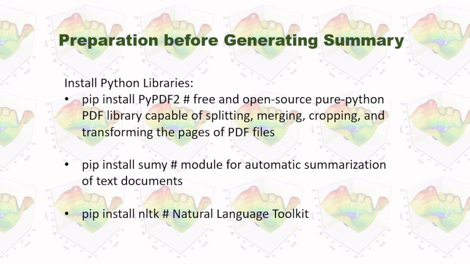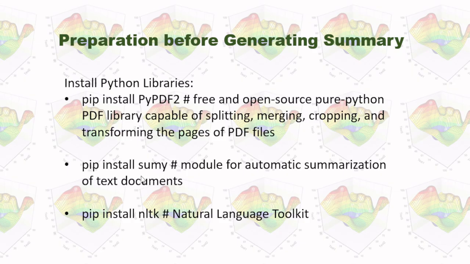Before we generate summary for PDF file, we need to install Python library first. This PyPDF2 is a free and open source pure Python PDF library. It can help us to split, merge, crop, or transform the pages of PDF files.